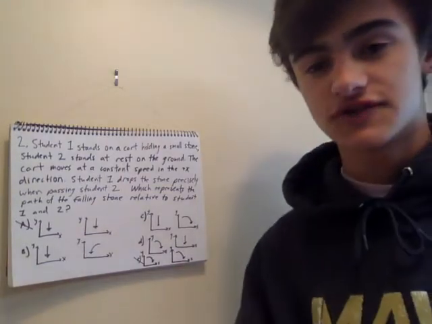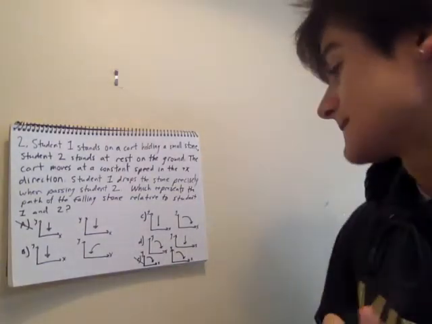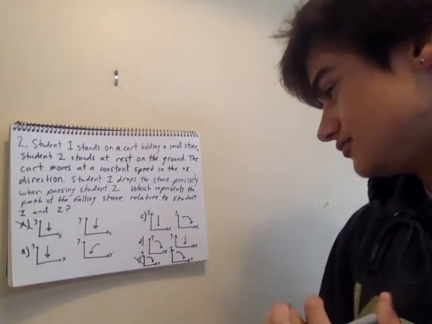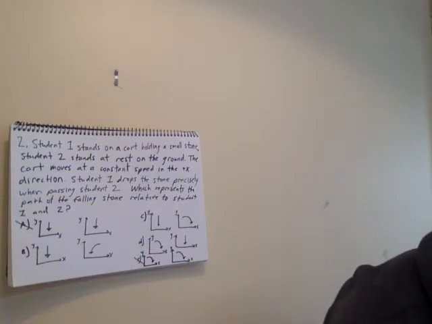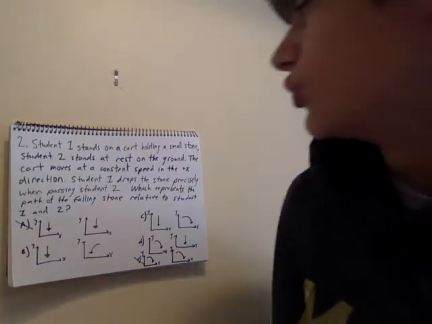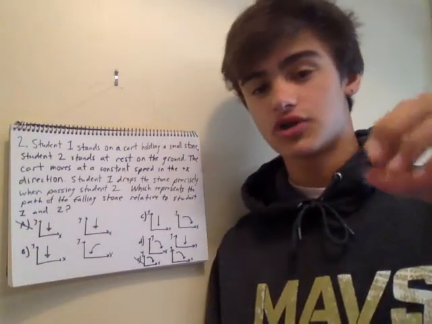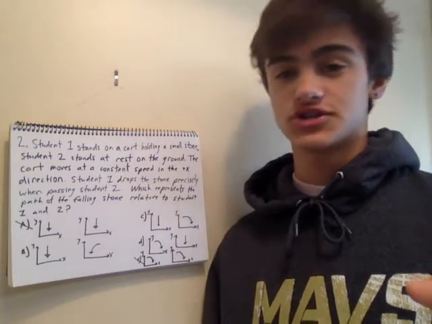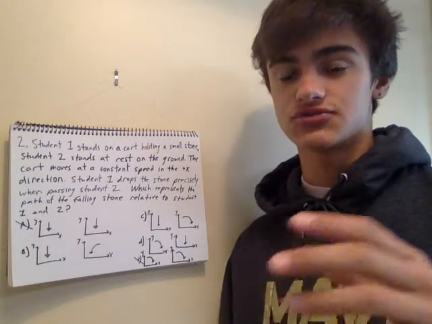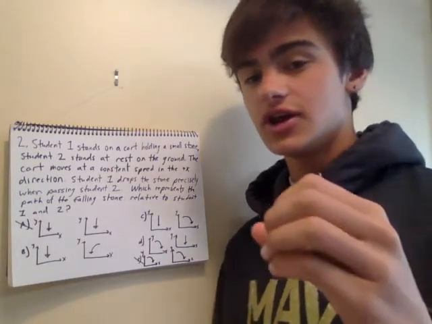So now we just have to figure out how it's going to look different. For student 1, who is on the cart holding the rock, they start at the same velocity. So student 1 and the rock are moving at the same initial velocity.